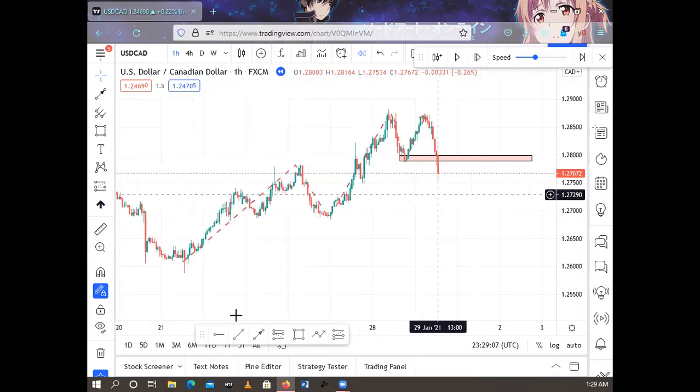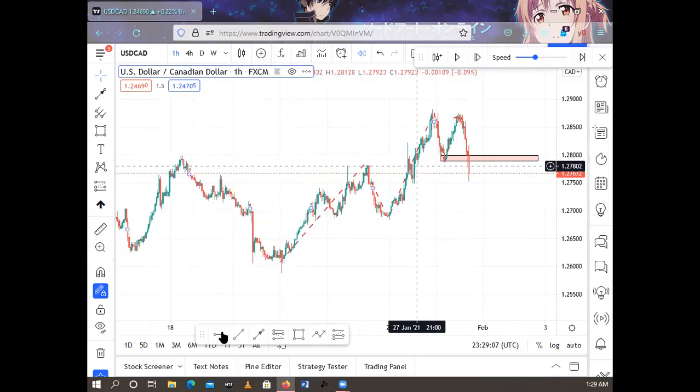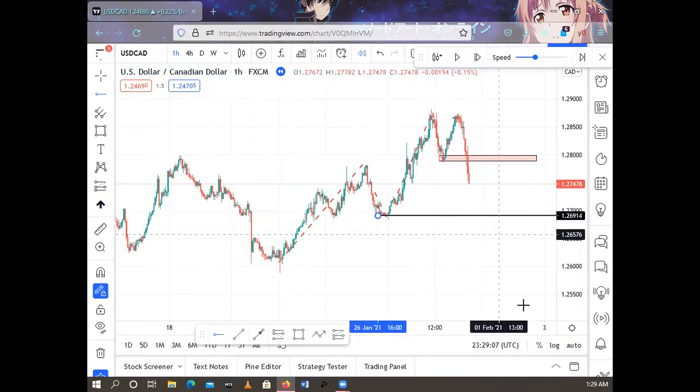And one thing else that we have to know is that this level here is our lower low from the 4-hour time frame. So for us to see price start moving completely to the downside, we want to see this level here being broken, right?